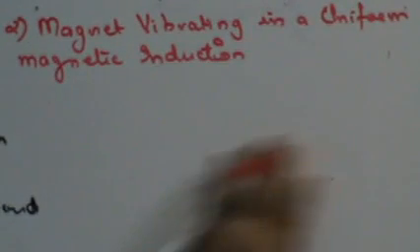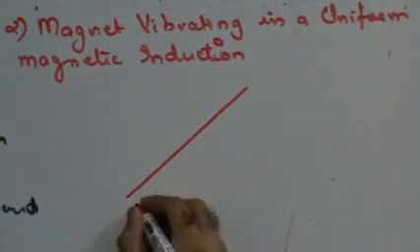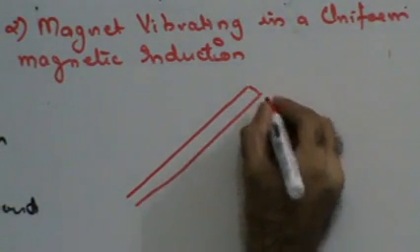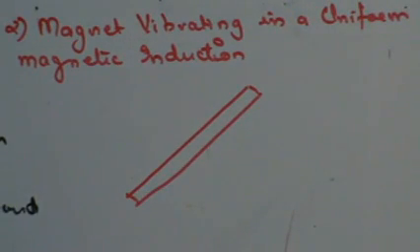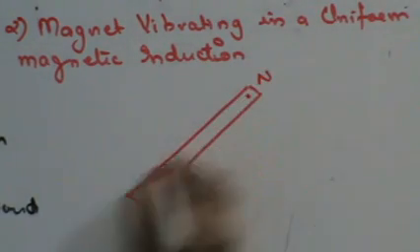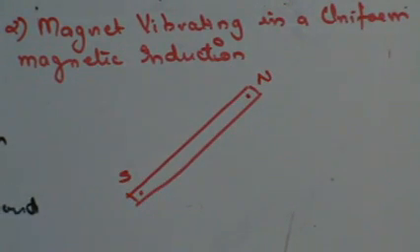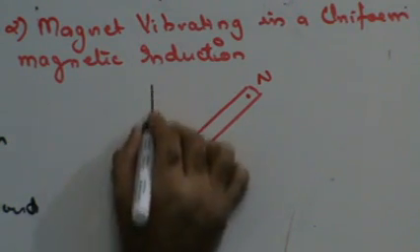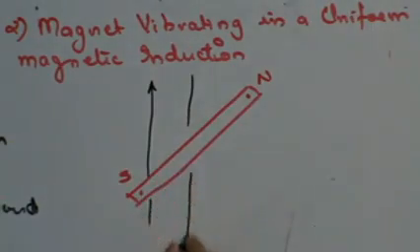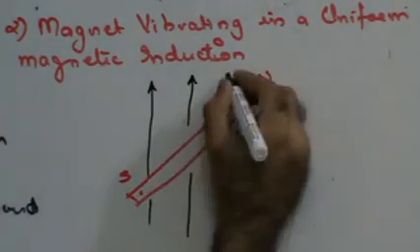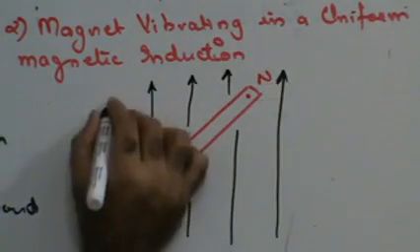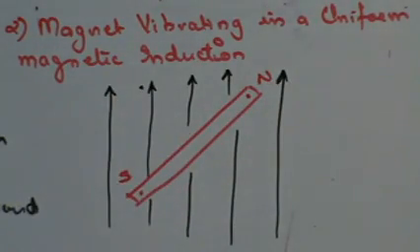Let us consider a magnet, with north pole and south pole, in an external magnetic field. Let's draw the external magnetic field in some other color. This is my external magnetic field. Right? So you have a magnet in an external magnetic field.